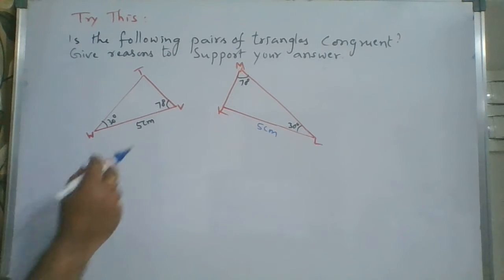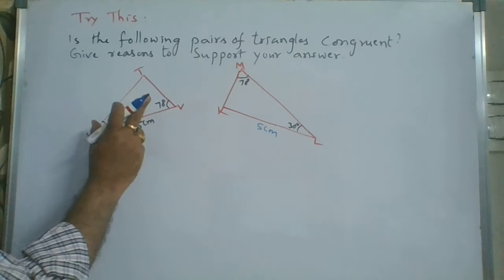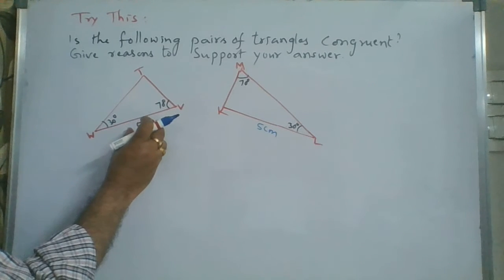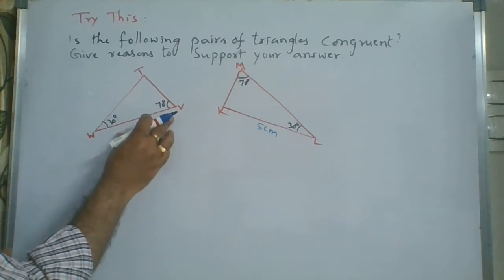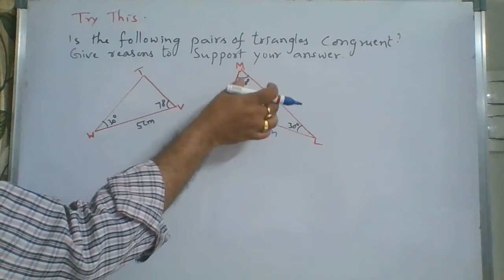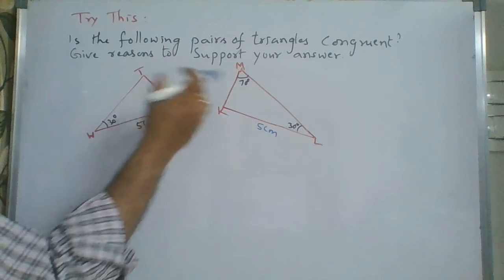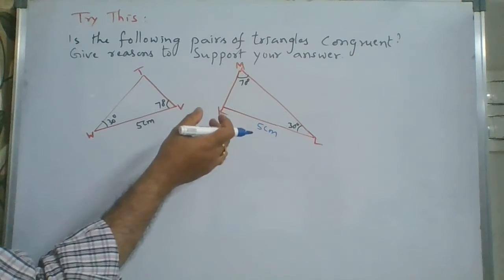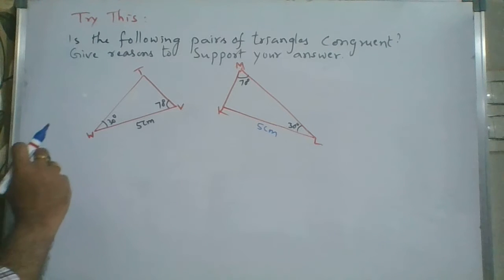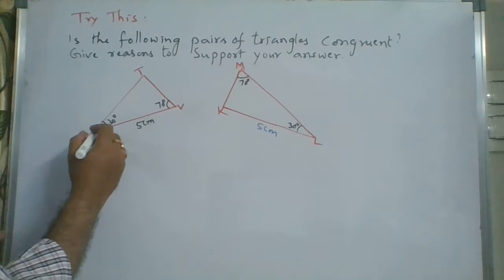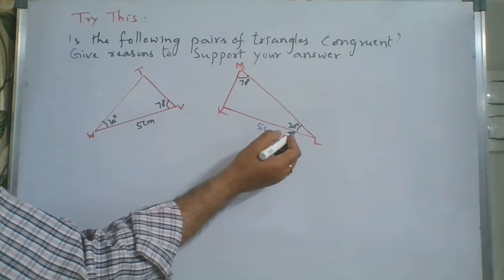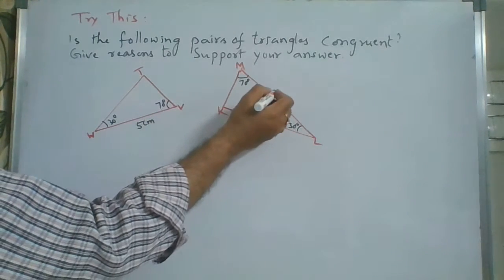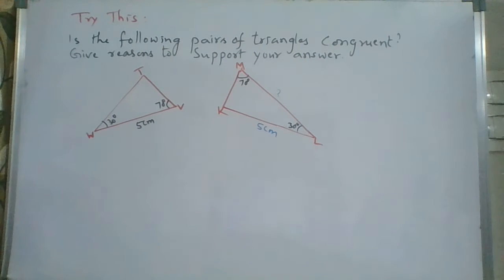No, because here we have two angles and the included side of this triangle, and if the same measurements are there in this triangle also, or the corresponding parts, then we say these two triangles are congruent. But here, the side included to these two angles, 30 degrees and 70 degrees, is 5 centimeters, whereas it is not given here. So, can we say that these two triangles are congruent? No.